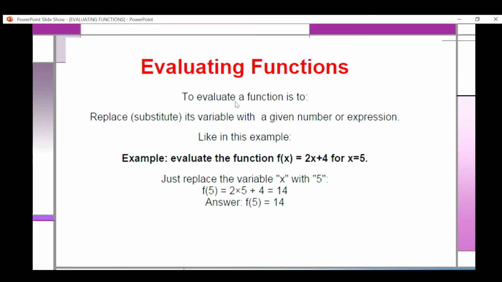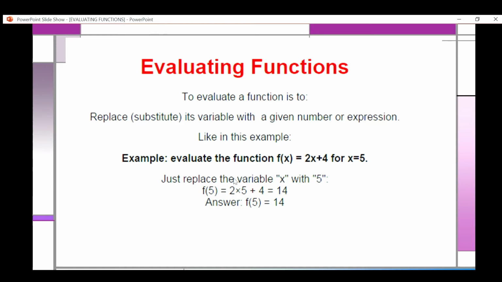To evaluate a function is to replace or substitute its variable with a given number or expression. For example, evaluate the function f of x equals 2x plus 4 for x equals 5. We will just replace the variable x with 5.